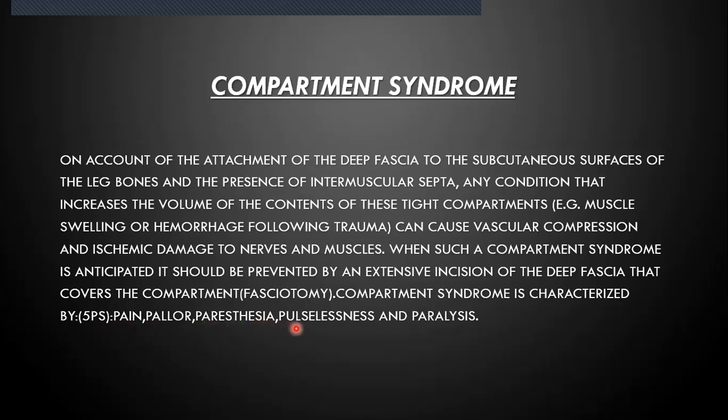Then you have pulselessness due to compression of the artery, so no pulse will be detected. Then the last sign to present will be paralysis due to ischemic death of the muscles. So remember these signs, the 5 P's: pain, pallor, paresthesia, pulselessness, paralysis.